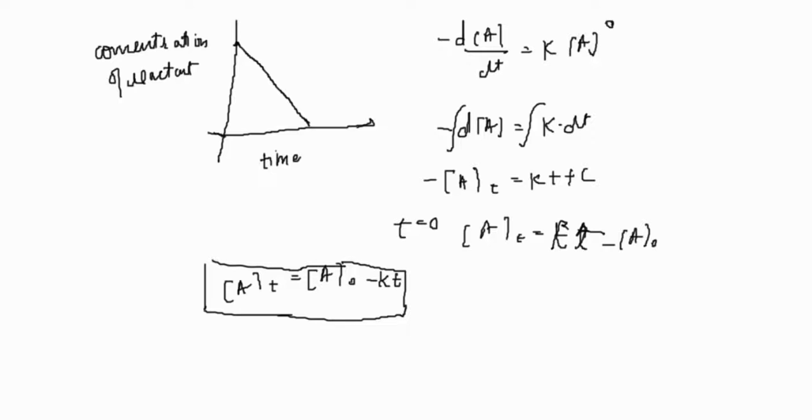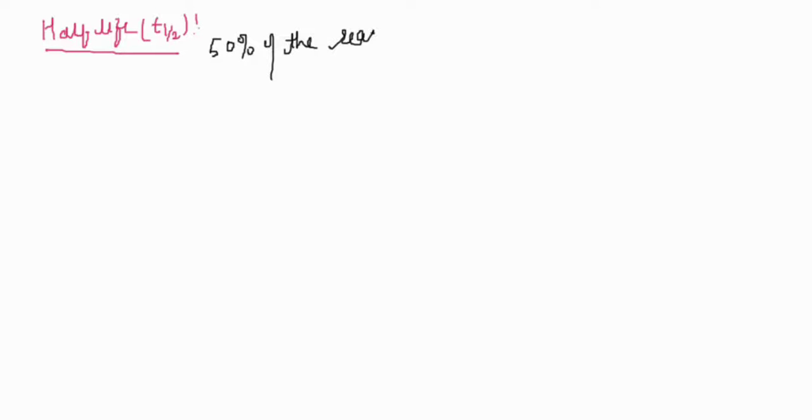Now let's talk about a new term, which is known as half life. We also denote it as t 1 by 2 or t half. Now what is half life? It is the time required for 50% of the reactant to disappear, or we can say the time when the concentration of reactant decreases to half of its initial value.